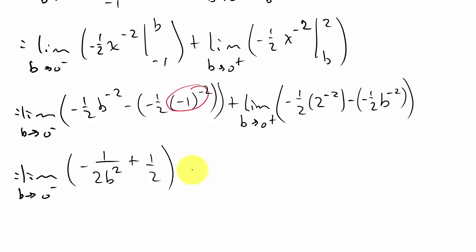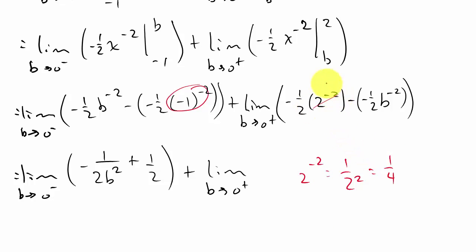And then this is plus the limit as b goes to 0 from the right. Let's take this part right here: 2 to the negative 2 is 1 over 2 squared, which is 1/4.